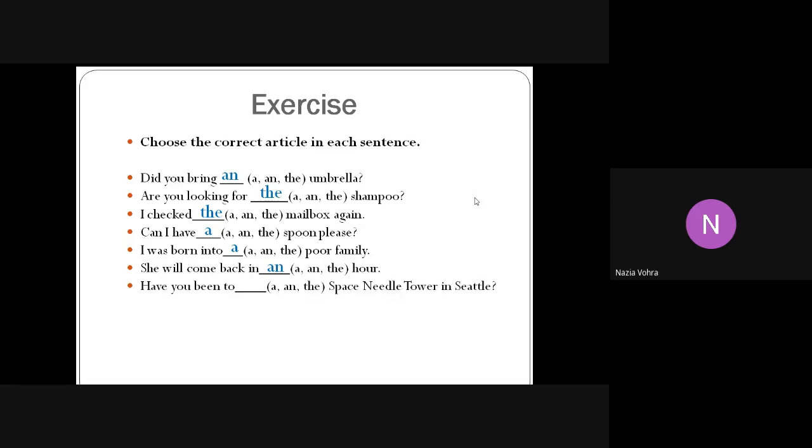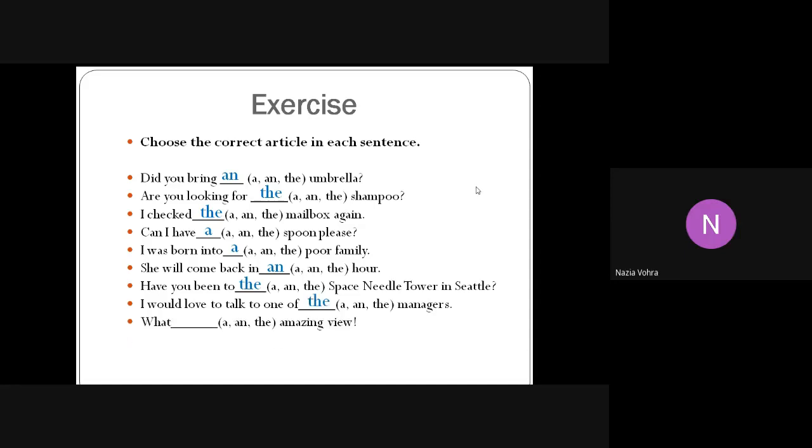Next. Have you been to the Space Needle Tower in Seattle? What is the answer? The, because it is a specific place. Perfect. I would love to talk to one of the managers. Very good.